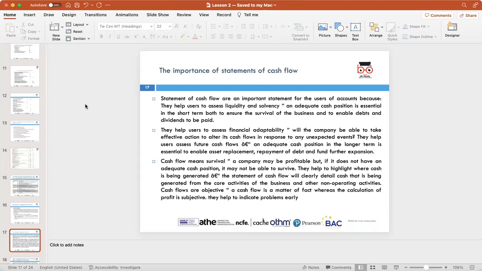Cash flows are objective. A cash flow is a matter of fact, whereas the calculation of profit is subjective. They help to indicate problems early.